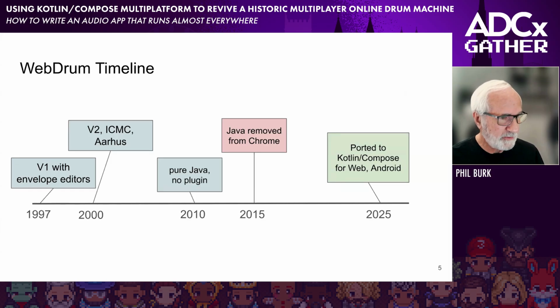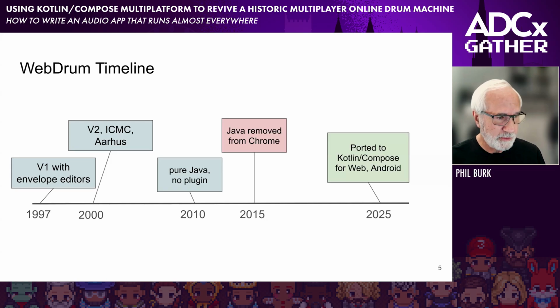A simplified, easier version was released in the year 2000, presented at ICMC and various conferences. It required a native plugin to do the audio and the synthesis, and this native plugin required releasing 11 versions for different browsers and different platforms. So it was a bit of a barrier for people to use it.